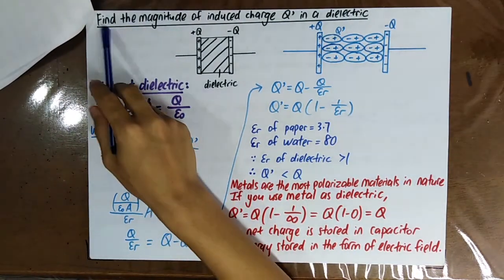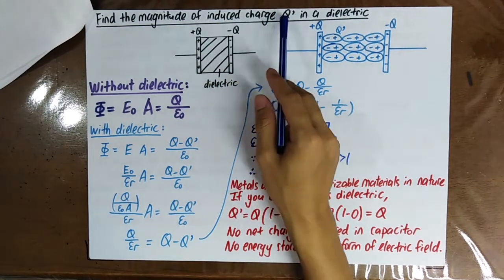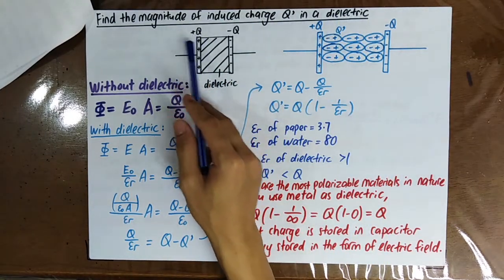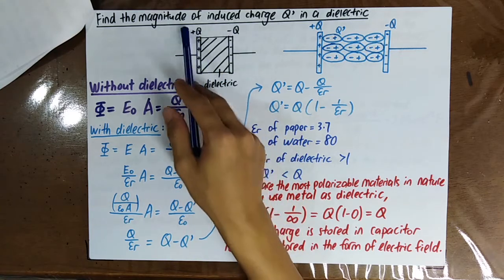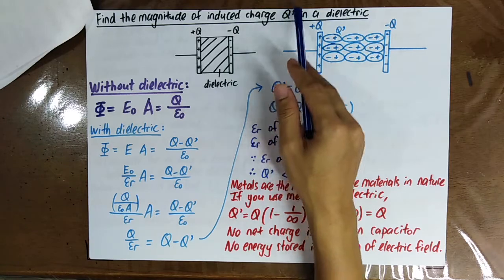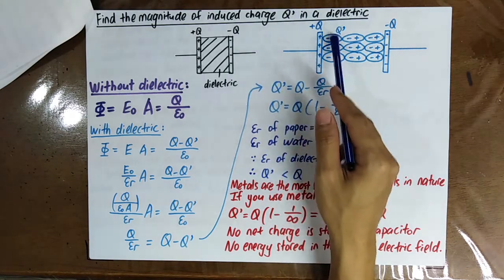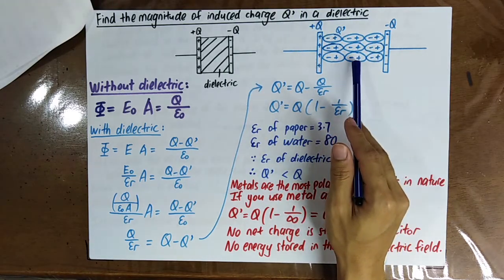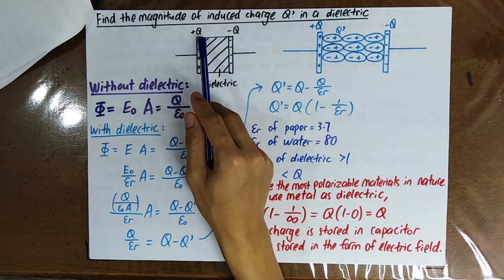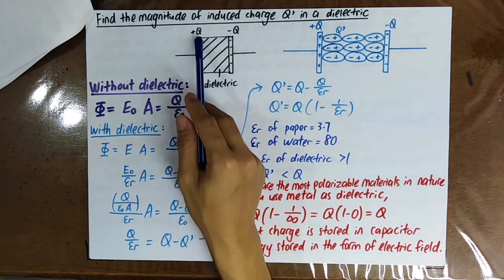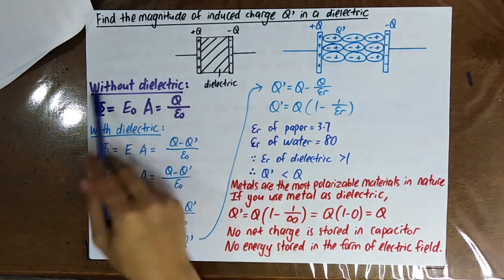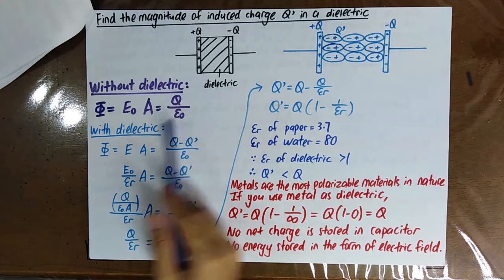Okay, now please find the magnitude of the induced charge Q prime in a dielectric. You know that the charge of the parallel plate is positive Q and negative Q respectively, and then now you want to find the induced charge Q prime of the dielectric. Okay, without the dielectric, that means that there is now only air in between the parallel plate capacitor. This is what you would get for the Gauss law.